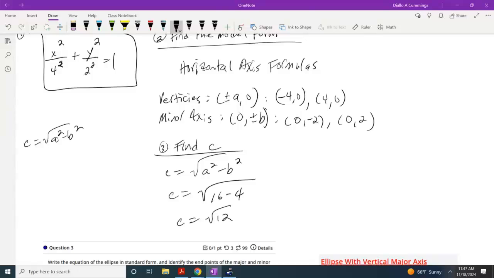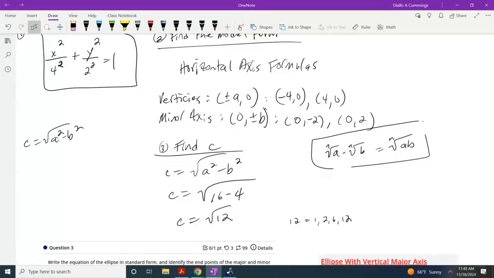There's something called the product rule for radicals, and it says that the nth root of a times the nth root of b is equal to the nth root of a times b. So that means I can simplify the square root of 12. Now this formula works both ways. Like if I were to find the factors of 12, right?